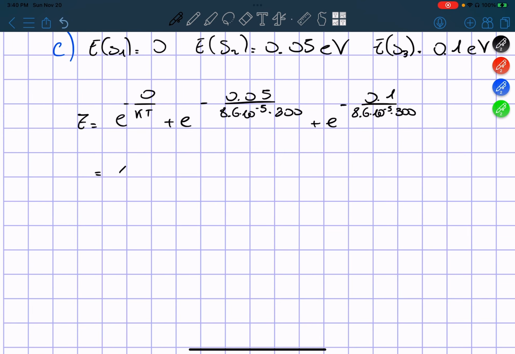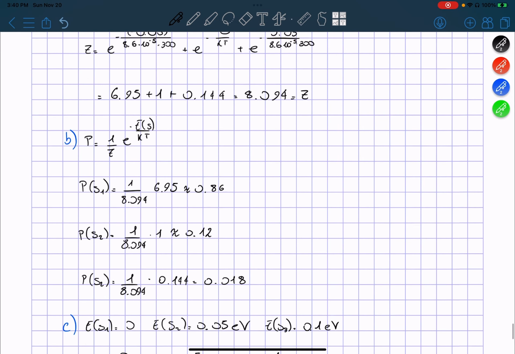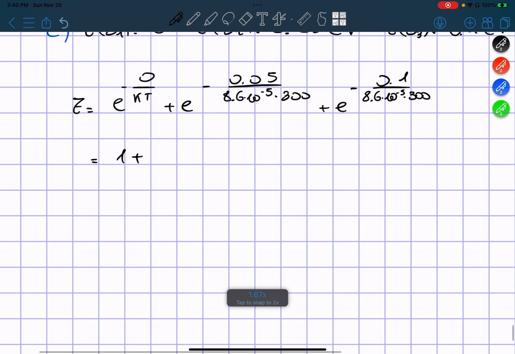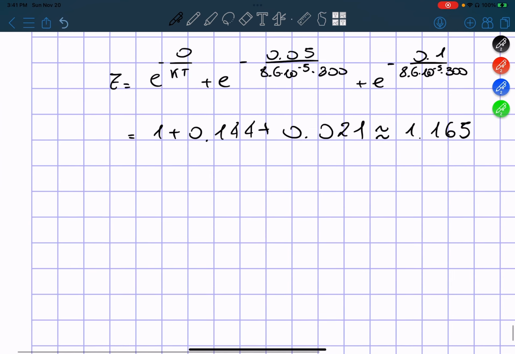So here we get 1 for the first one, and for the second I can just look back at what we did before, 0.144, plus the last term, which is 0.021. So in total, it's equal to 1.165.